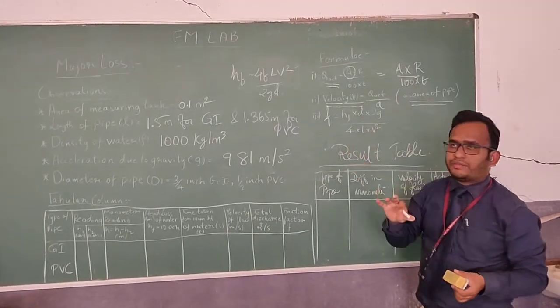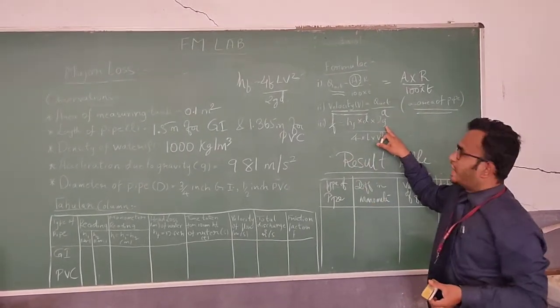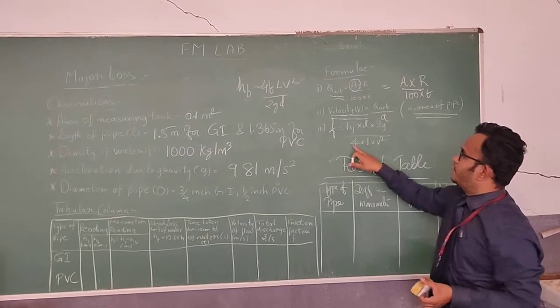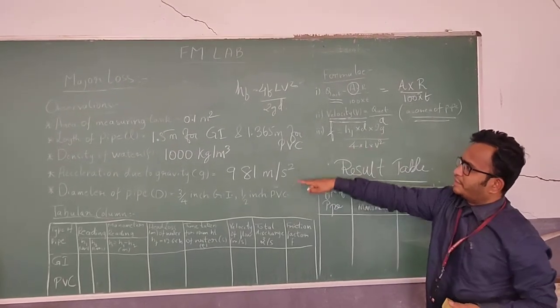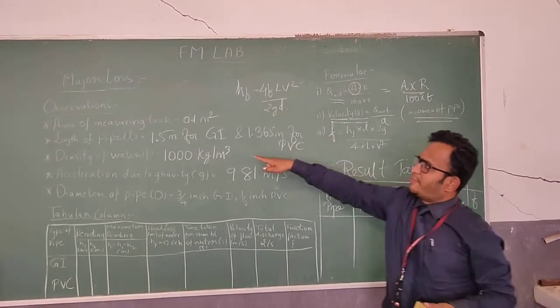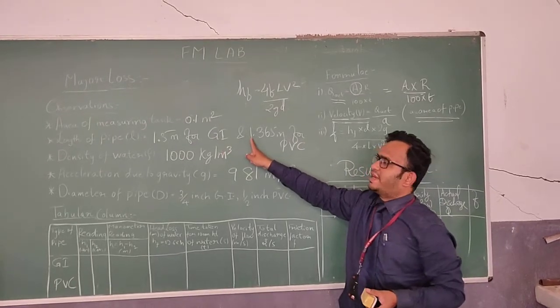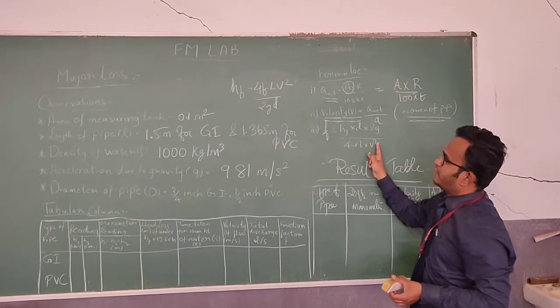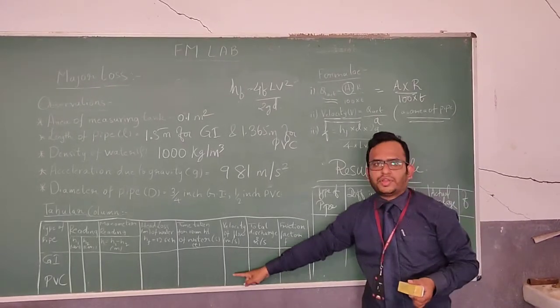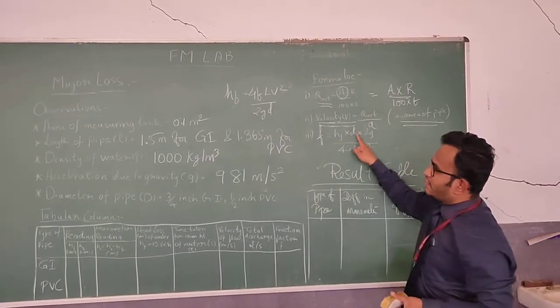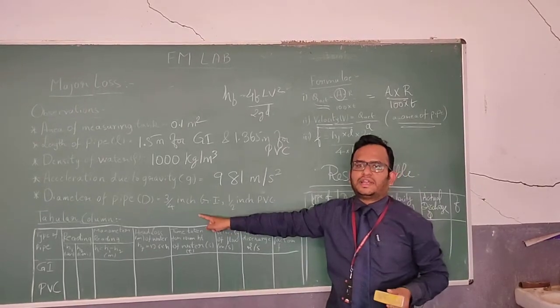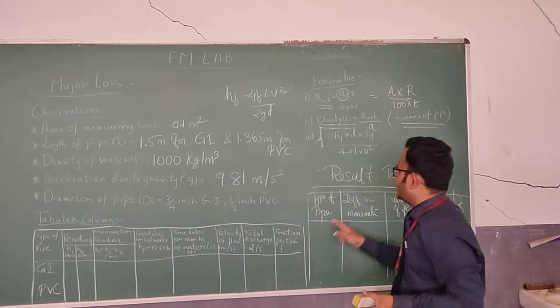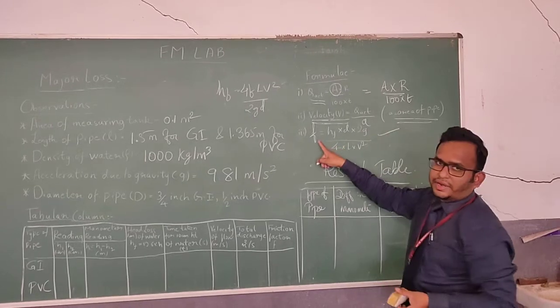D is the diameter of the pipe, 2 into acceleration due to gravity G, 4 into length of the pipe L. If it is GI pipe, 1.5 meter. If it is PVC pipe, then 1.365 meter. Then the velocity of flow for each reading. And one more thing, this diameter is in inches, you have to convert that into meter. Then you have got the answer for friction factor.